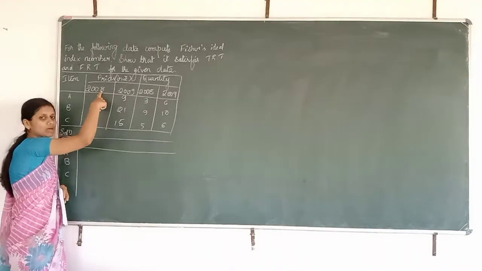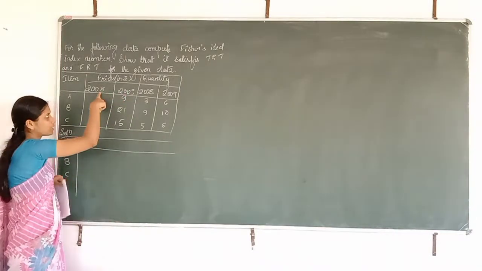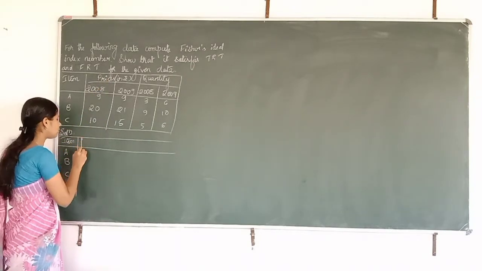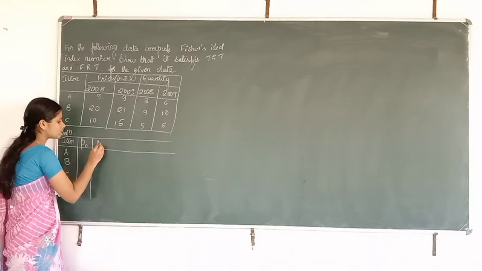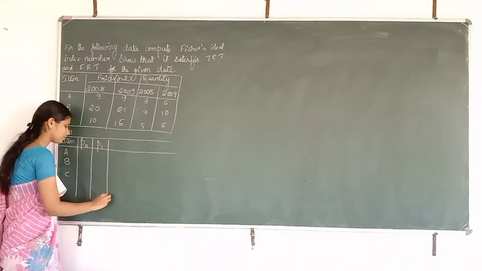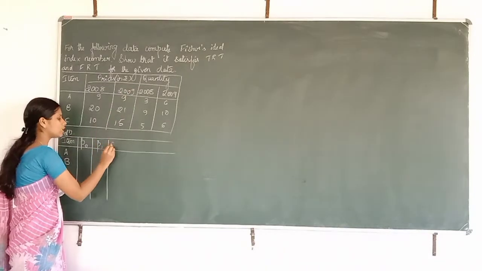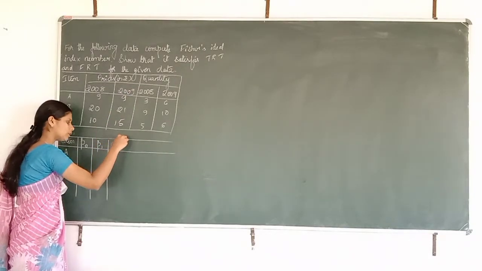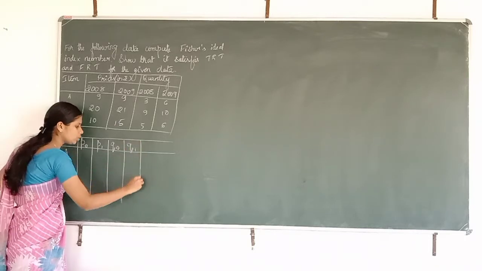That means 2008 is base year and 2009 is current year. So base year prices are denoted by P0 and current year prices are denoted by P1. Next quantity of 2008 is denoted by Q0 and quantity of 2009 is denoted by Q1.